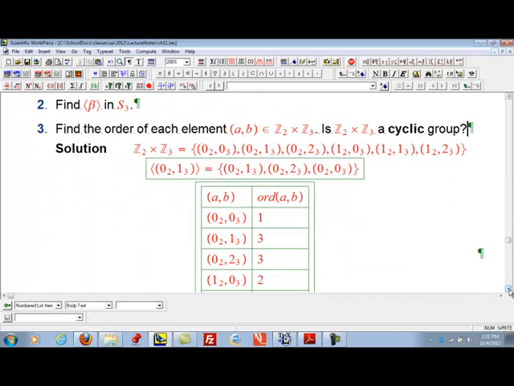But I'll show you. Notice what you have here. We could take our 1, 1 here. If you add 1 to itself, you'll get 0. And that will give you our 0, 2.